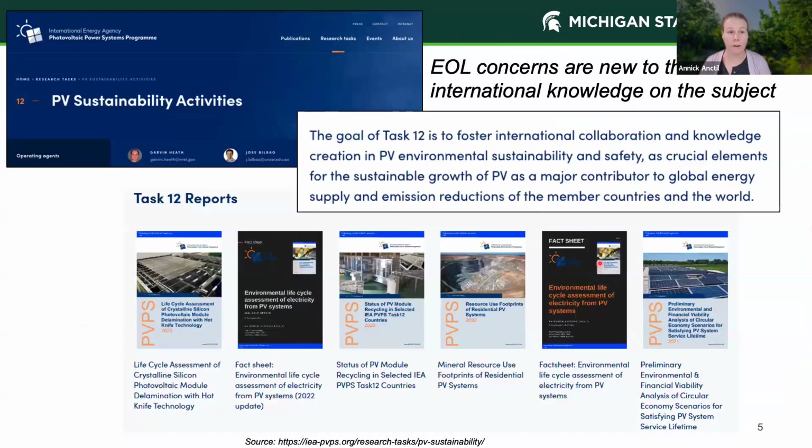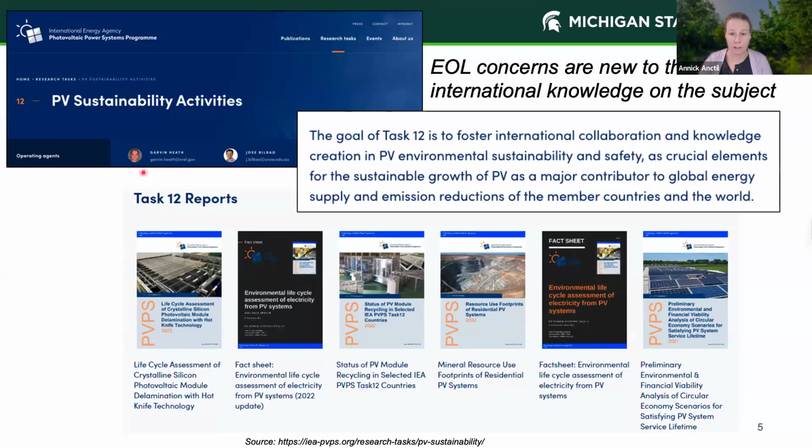I wanted to introduce a few existing programs that might be of interest to you if you want to know more about solar and sustainability. At the international level, there's the International Energy Agency Photovoltaic Power System Program, and there's a specific task called PV sustainability. They publish quite a bit of reports looking at different aspects of solar, like fact sheets about resource use, how to do life cycle assessment, or the impact of recycling methods and so on.